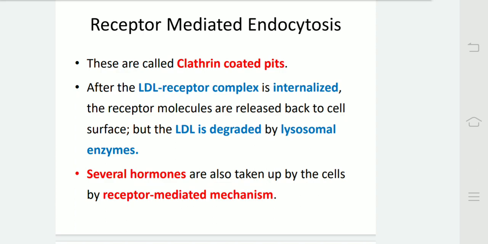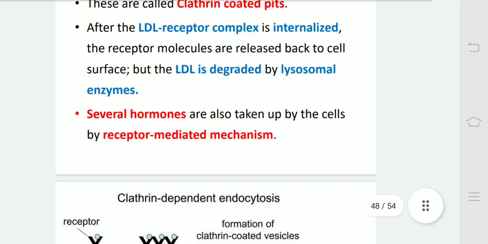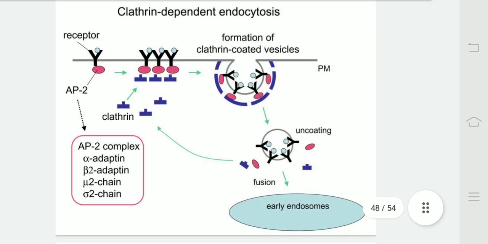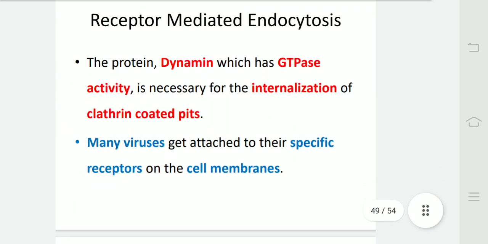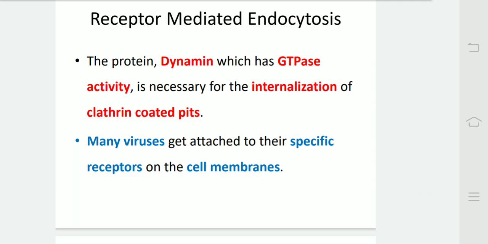Several hormones are also taken up by cells by receptor mediated mechanisms. Here in this diagram, we can see clathrin dependent endocytosis and clathrin coated vesicles. The protein dynamin, which has GTPase activity, is necessary for the internalization of clathrin coated pits.